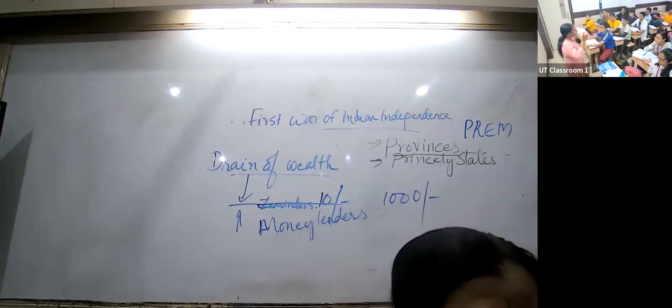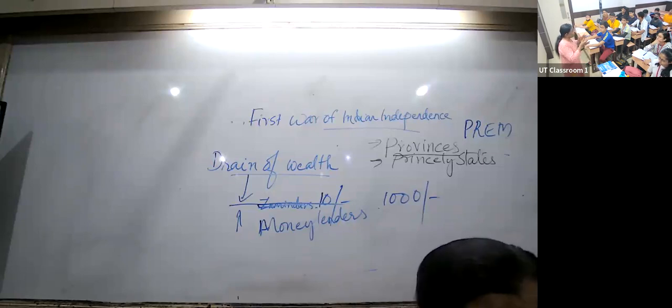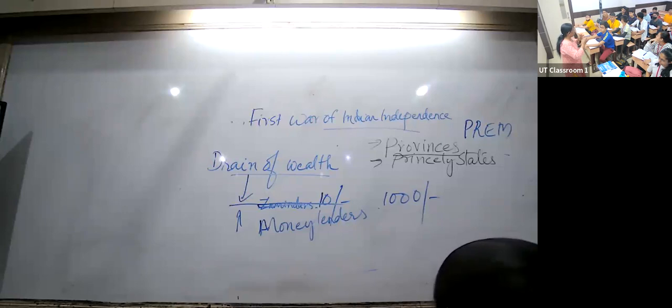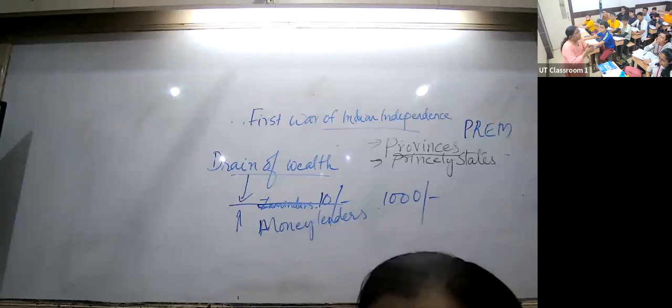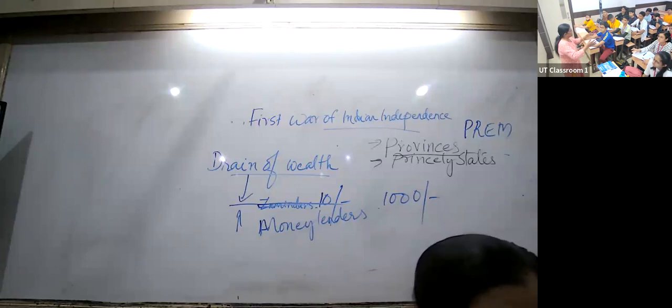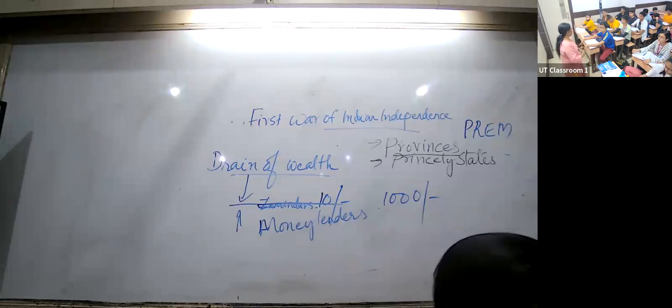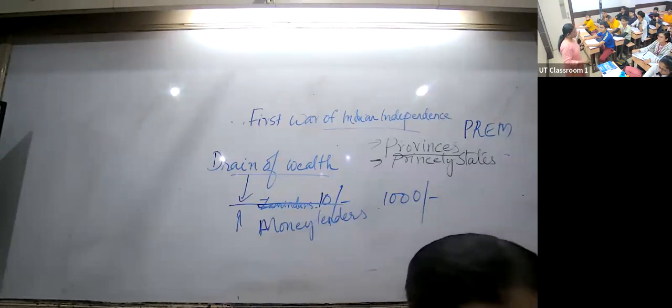So this type of intriguing activity can create divisions among the people. They were living as friends. Now they become enemies. The people staying next door become enemies. That way communal riots started as a result of this policy.